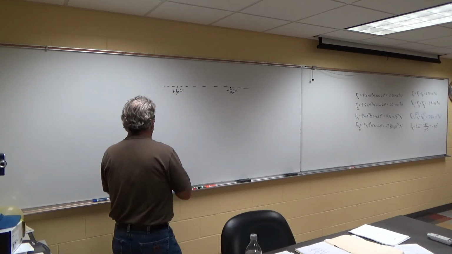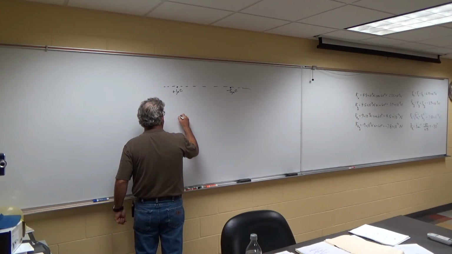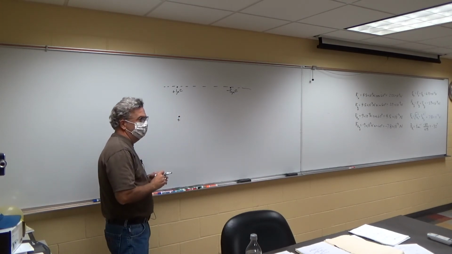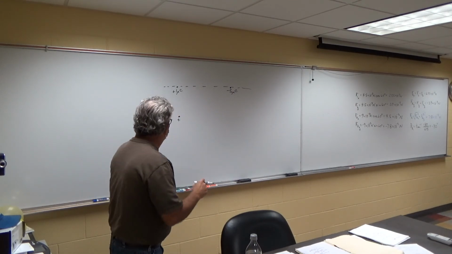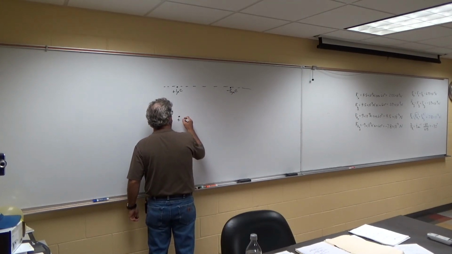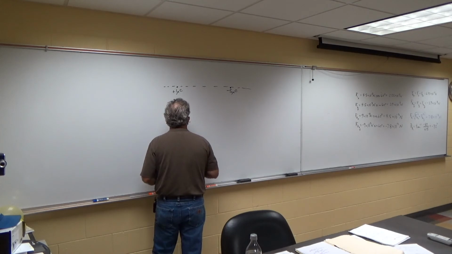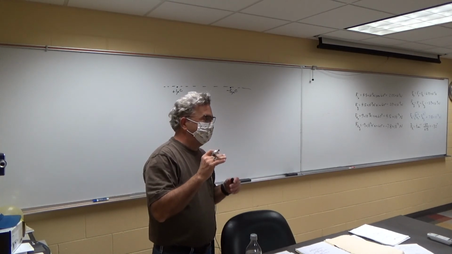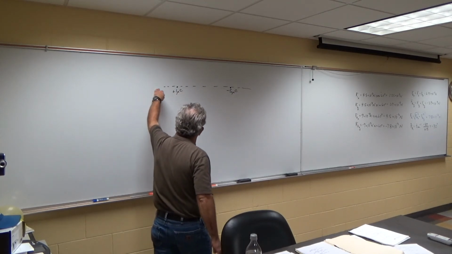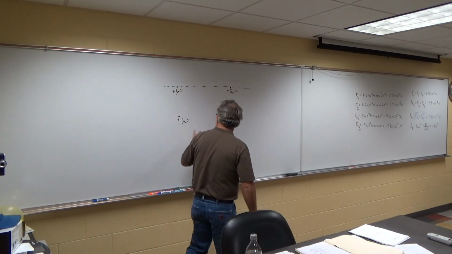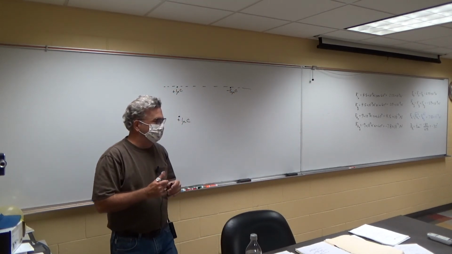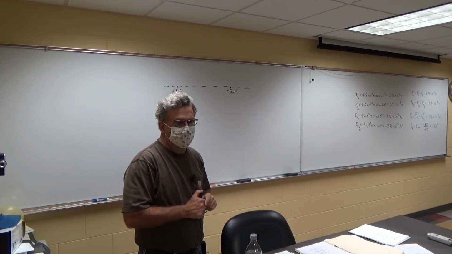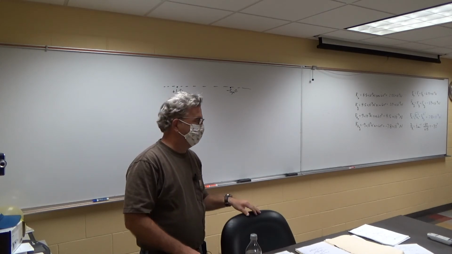I have a wayward positive charge. I don't really care what the magnitude of the charge is. Let's say this is a +1 microcoulomb. Is there a place along this line that I can place the +1 microcoulomb such that I get 0 net force on that charge?